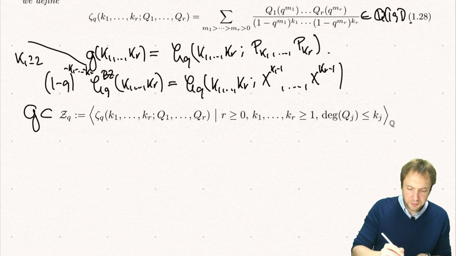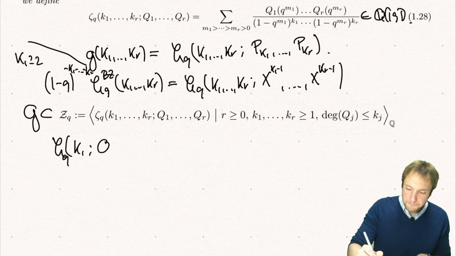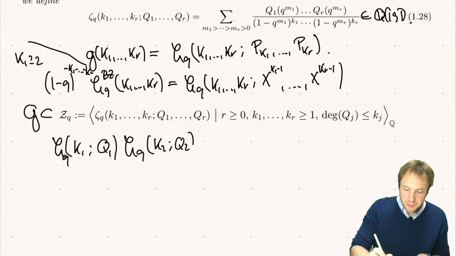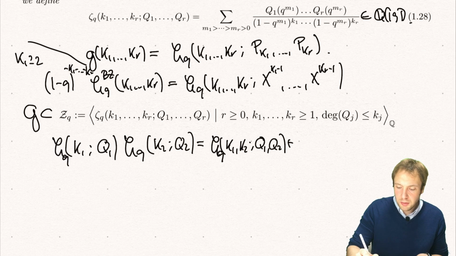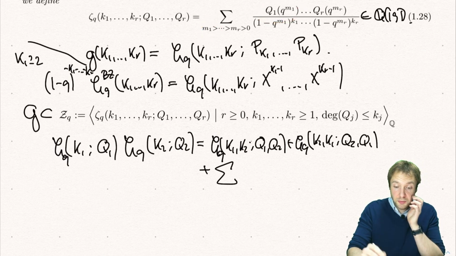Also, it's easy to see that Z_q is closed under multiplication, because if I, for example, multiply zeta_q of k1, q1 with k2, q2, then this is just zeta_q(k1, k2; q1, q2) plus zeta_q(k2, k1; q2, q1), plus, and if the indices are the same, then I just multiply these polynomials.